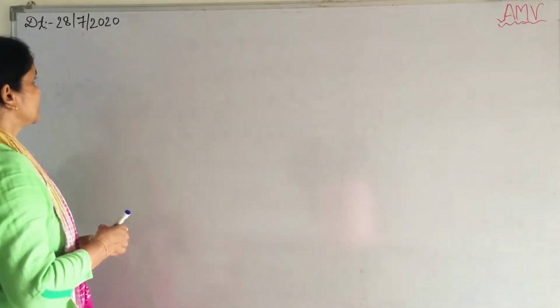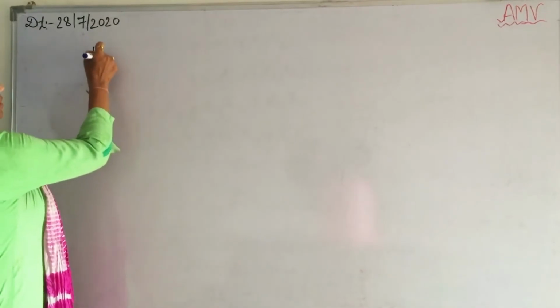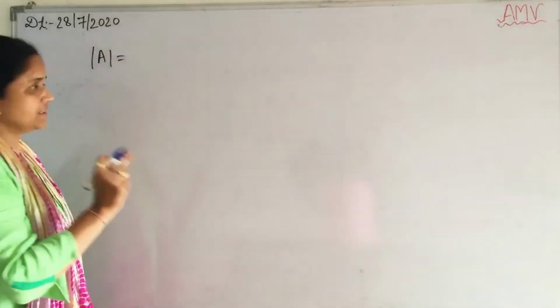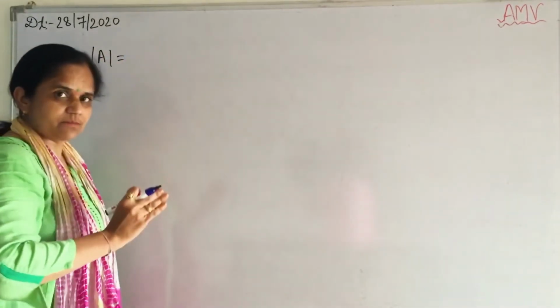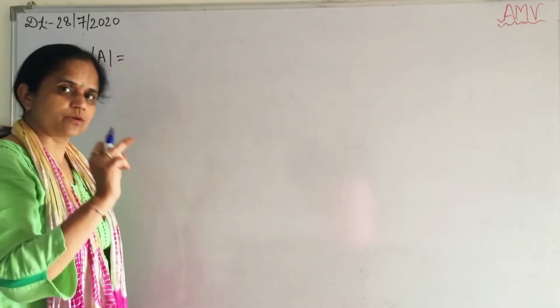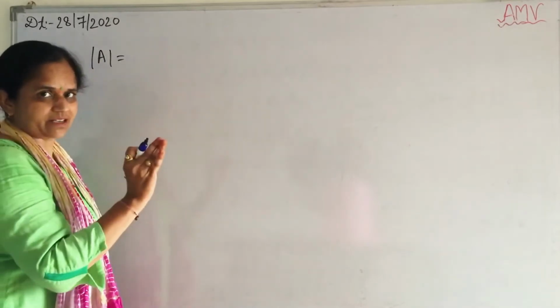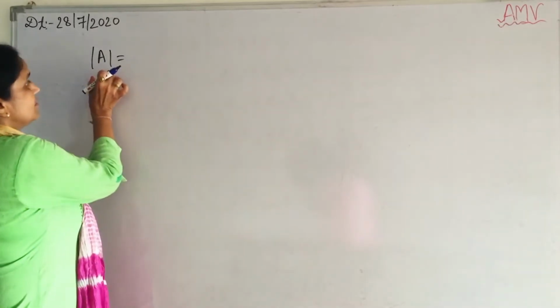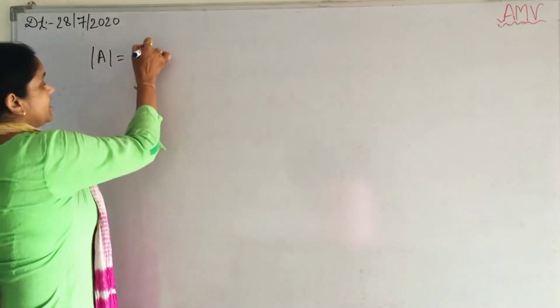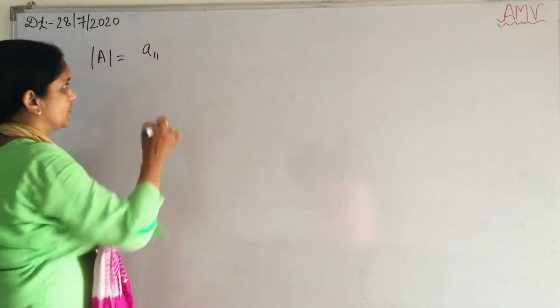Now, related to that topic, the value of a determinant is equal to the sum of products of elements with corresponding cofactors. It means, students, suppose A is a square matrix and we are finding the value of a determinant. a11 is the element of first row, first column.